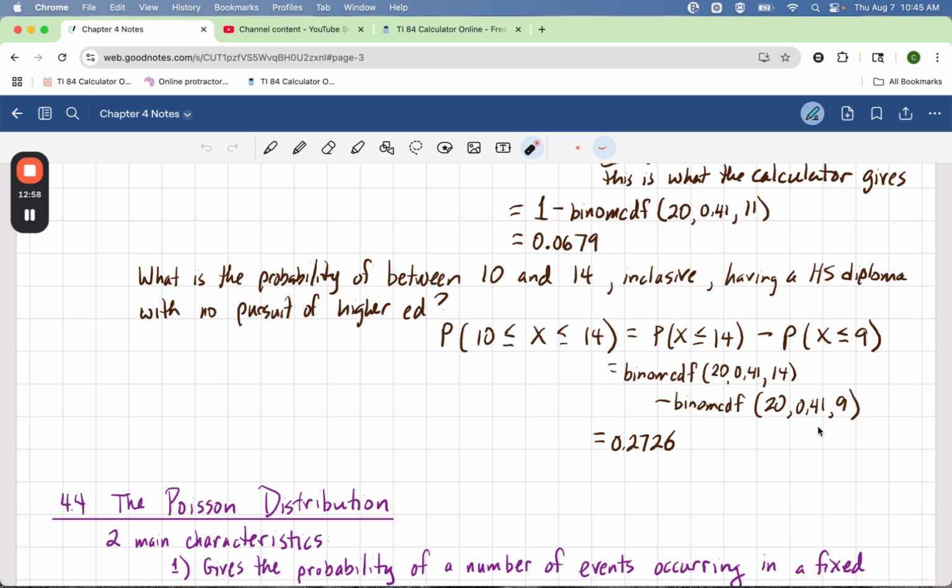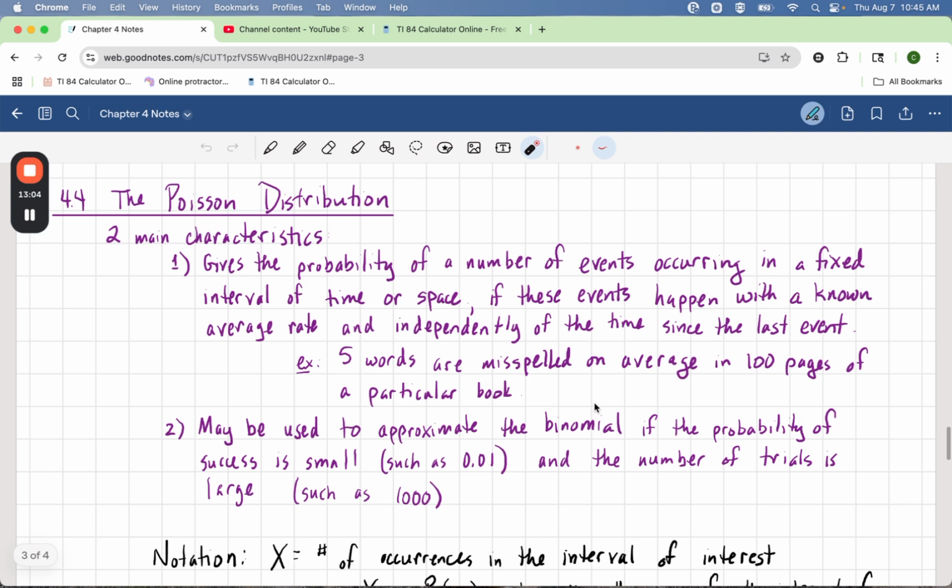All right, the other kind of discrete probability distribution we're concerned with in this chapter is the Poisson distribution. Not Poisson, it's got 2 S's, so Poisson. Two main characteristics. It gives the probability of a number of events occurring in a fixed interval of time or space if these events happen with a known average rate and independently of the time since the last event.